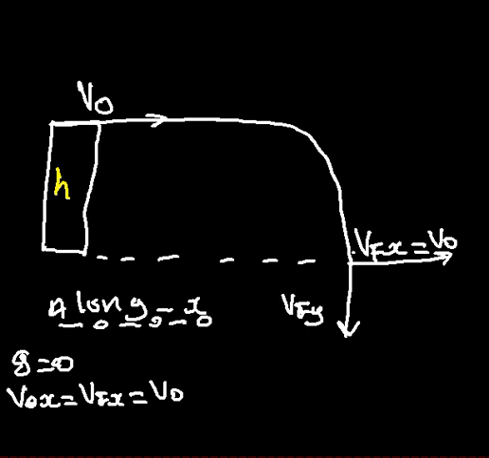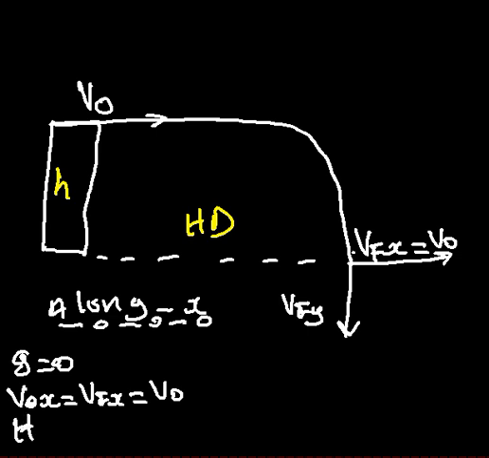Now how about the distance the object has to travel along x from the point of release to where it strikes the ground? That is the horizontal distance, given as hd.